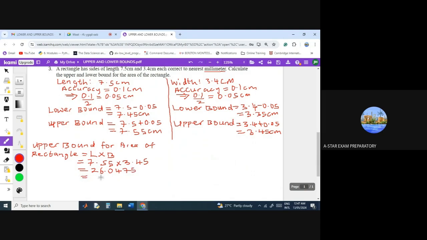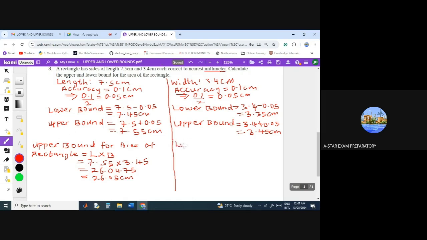Okay, so we can approximate this to be 26.05 centimeter.